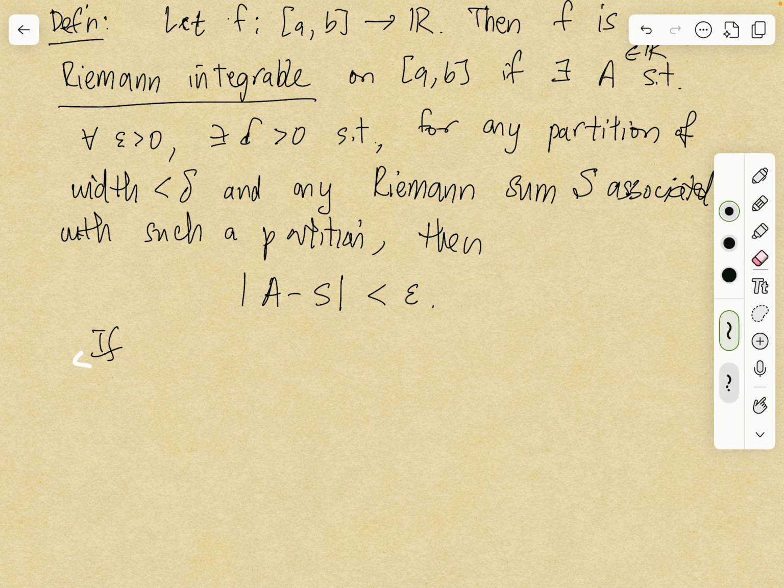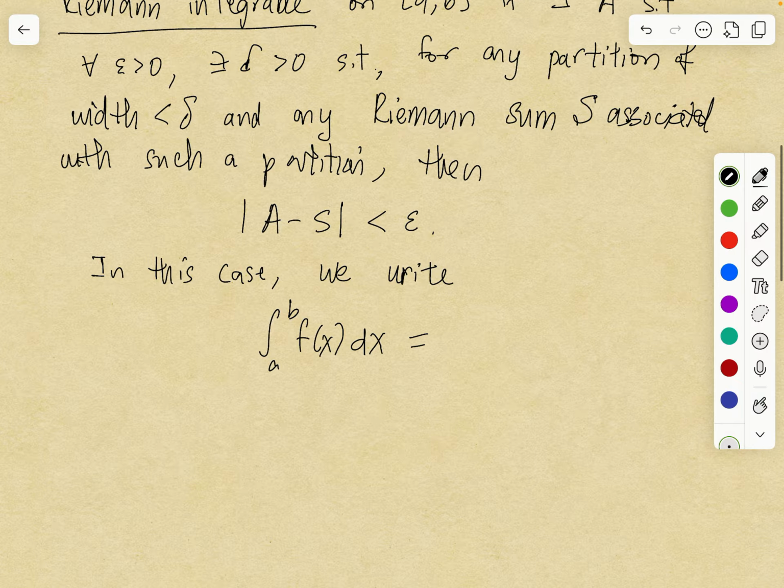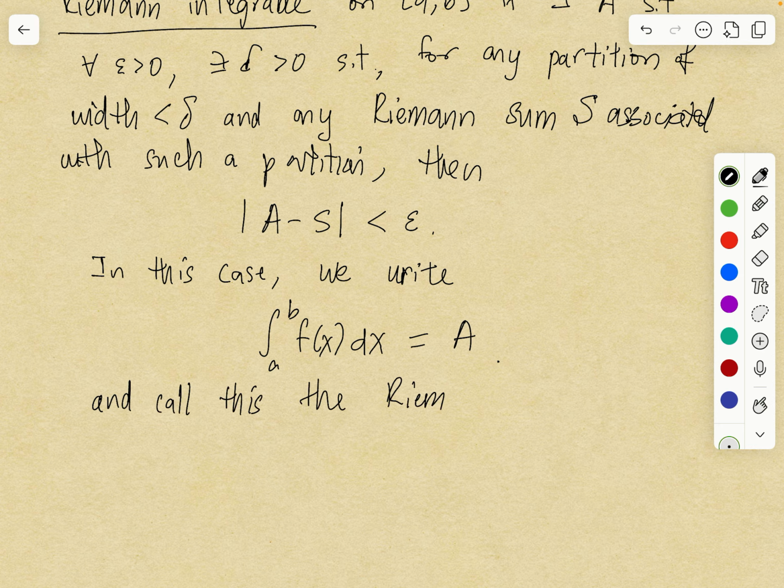So in this case, we write the symbol, the integral of f from a to b, we define that to be A. So we call this number the Riemann integral of f.